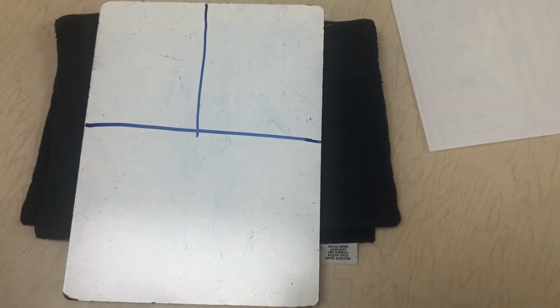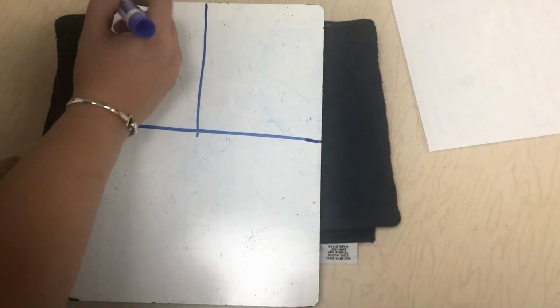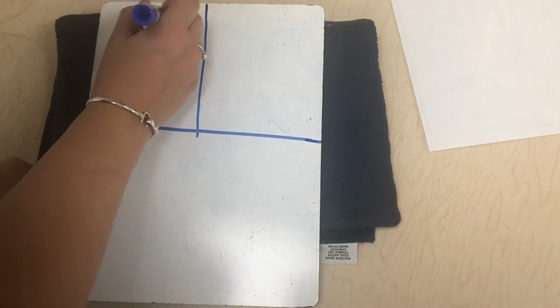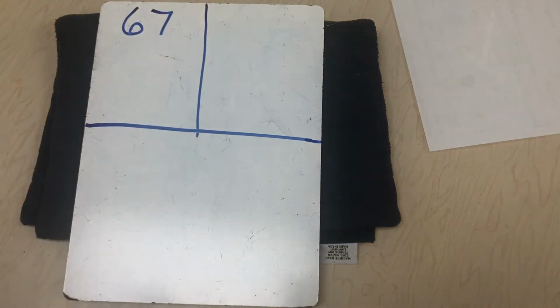Wonder if anybody can guess. It's going to be 67. So make sure you emphasize what 67 looks like. It has a 6 and a 7 behind it. I'll give you guys some time to write that down.